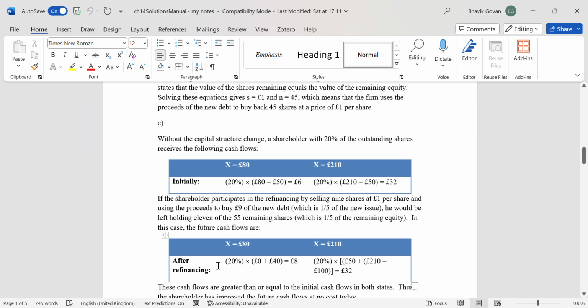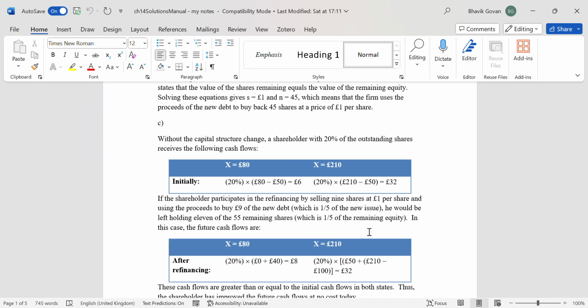So if this shareholder participates in refinancing, they basically do exactly the same thing as what the company did to change their capital structure. The shareholder will achieve this by also selling 9 shares at £1 per share and using the proceeds to buy £9 of new debt, which is 1/5 of the new issue.